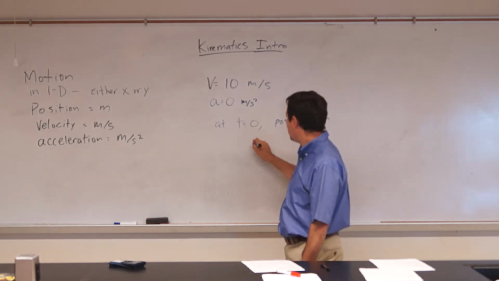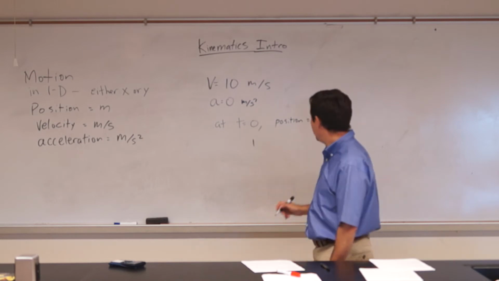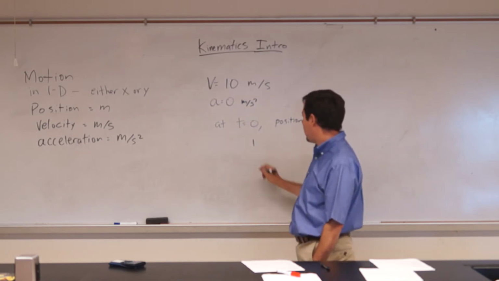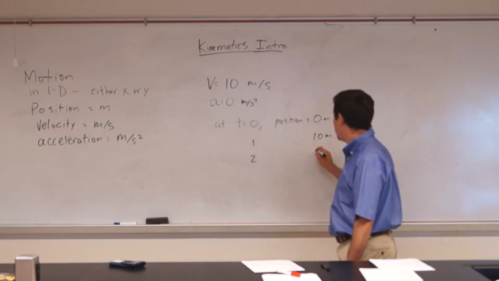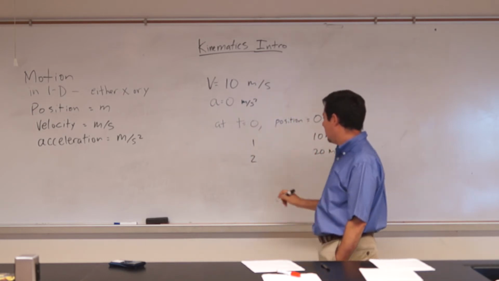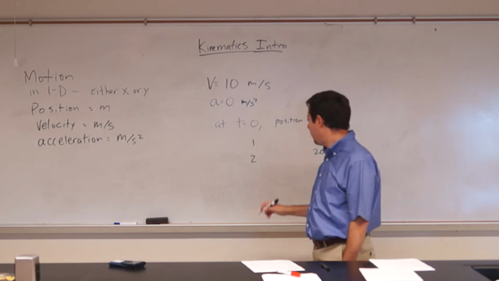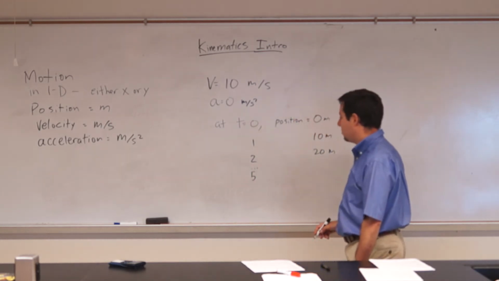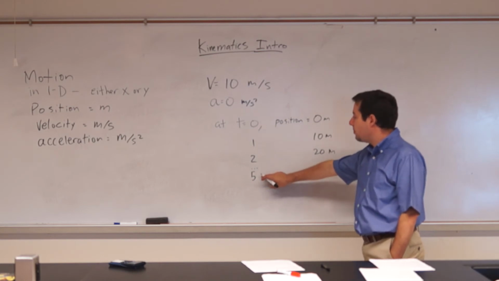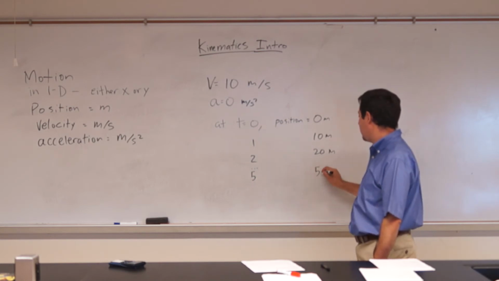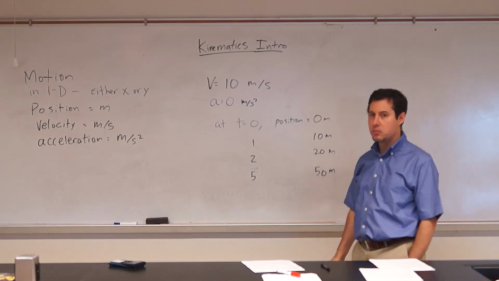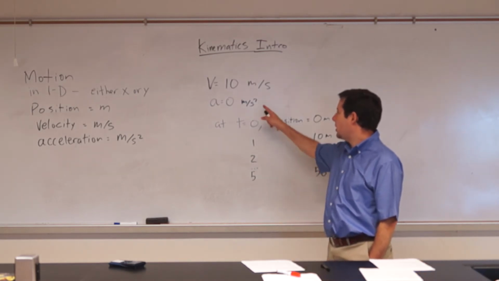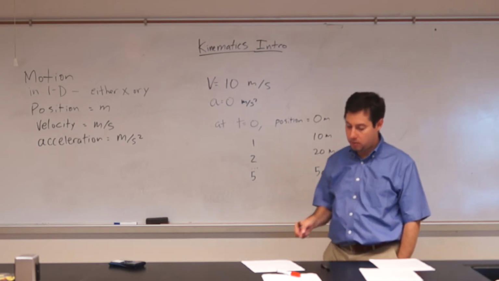So at time equals 1 second, our position is now equal to 10 meters. And at time equals 2 seconds, our position is now equal to 20 meters. So on and so forth. At 5 seconds, our position is 50 meters. Pretty straightforward. This is when the acceleration is equal to 0.